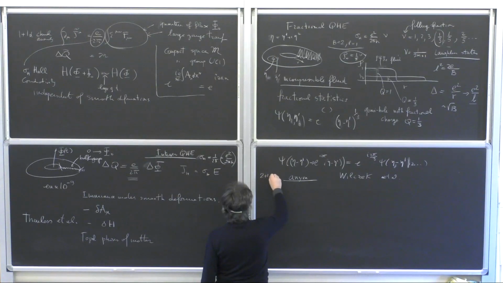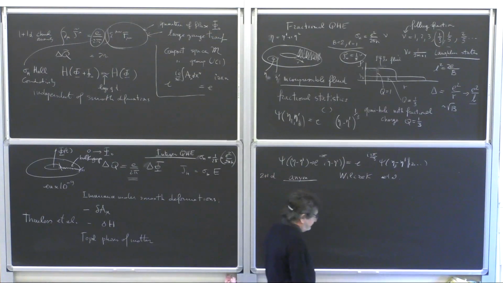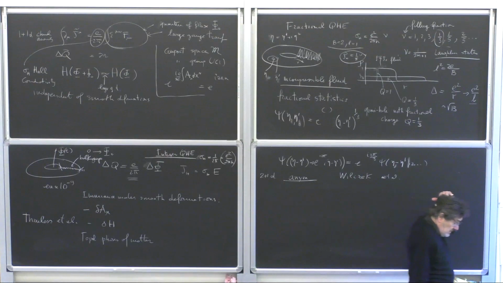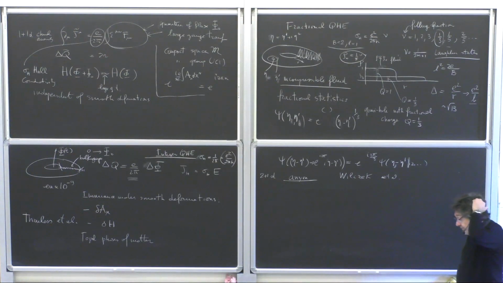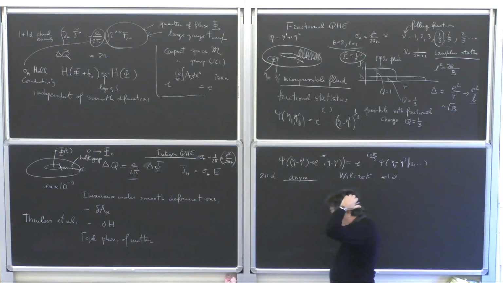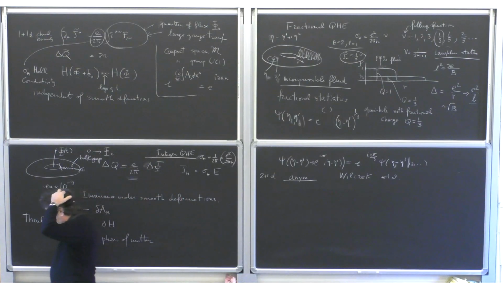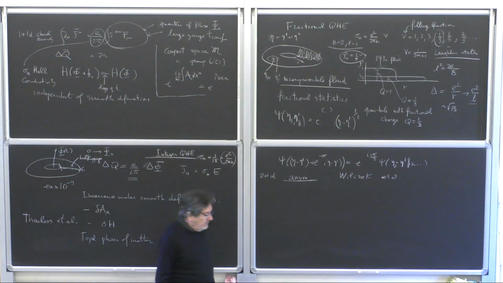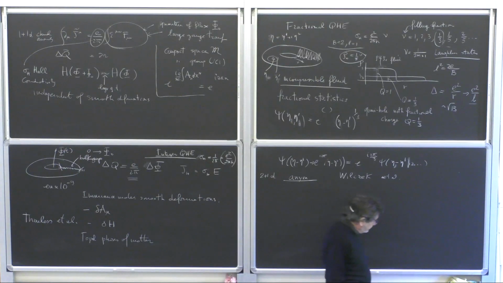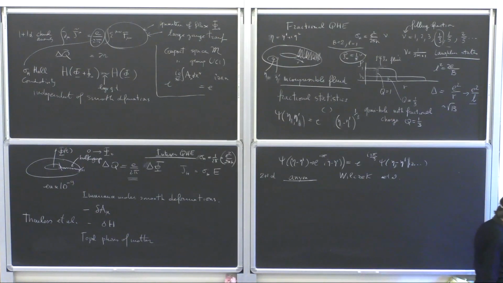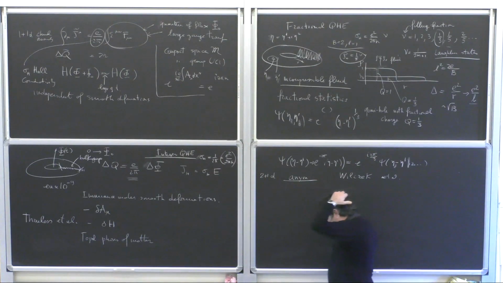Okay? So this anyon is not a fundamental particle. This anyon is a kind of quasi-particle. The nature of this quasi-particle is not well understood, but nevertheless we can try to build up an effective description. So what is the effective description?